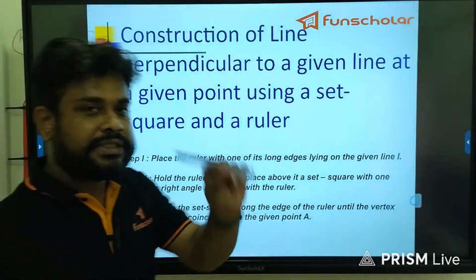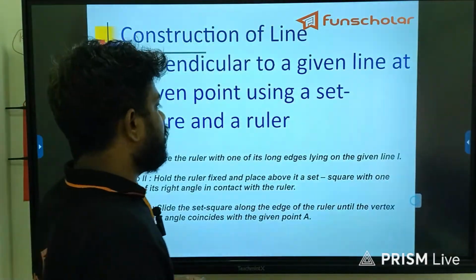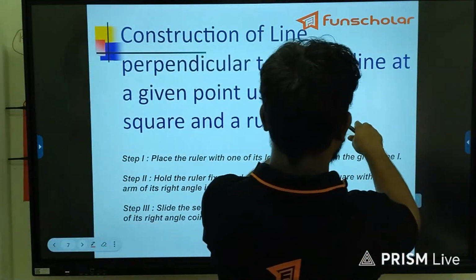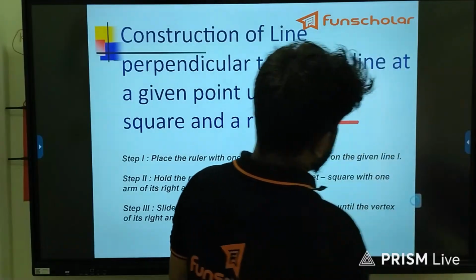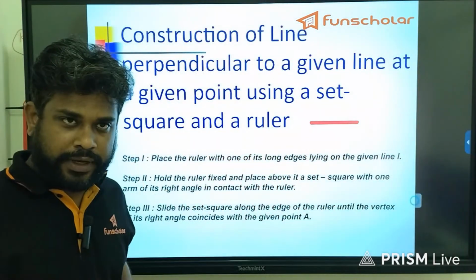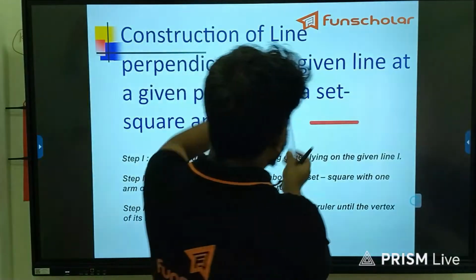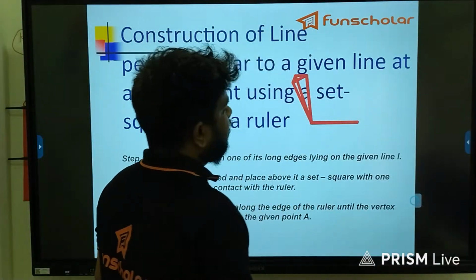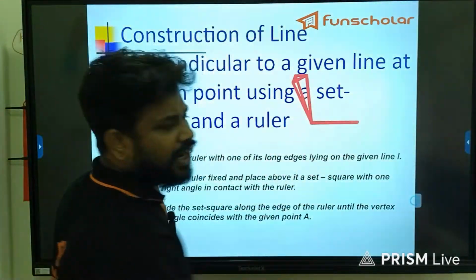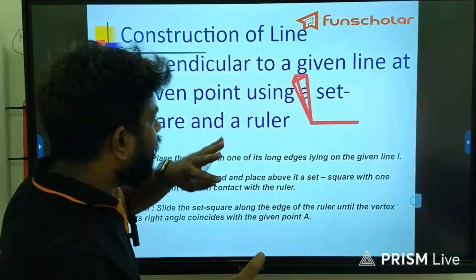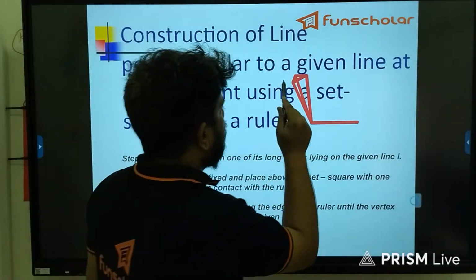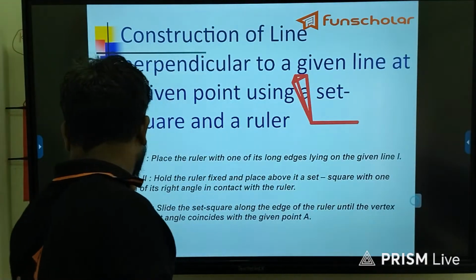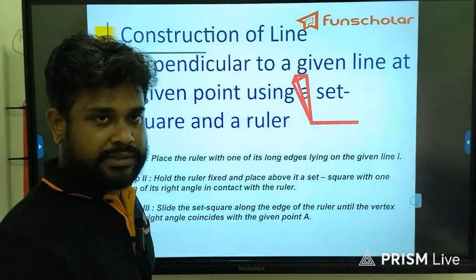So just imagine this one as the set square. What you have to do is point out a set square, and then take the set square and take the line as this. It has been drawn like three lines, but by pointing out the set square, it won't be three lines here, it will be two lines.